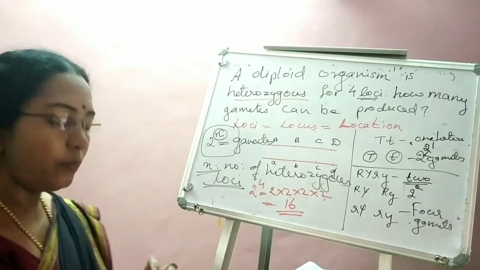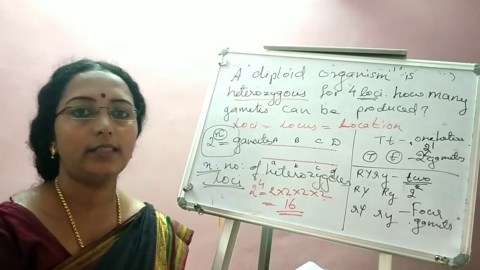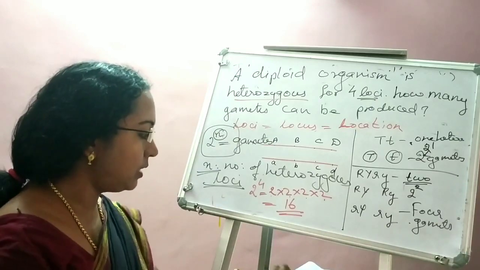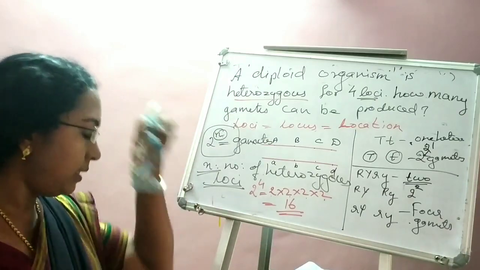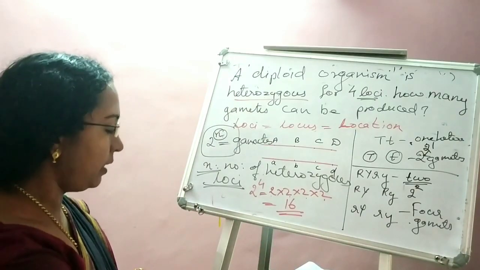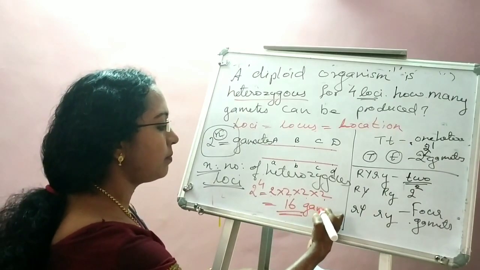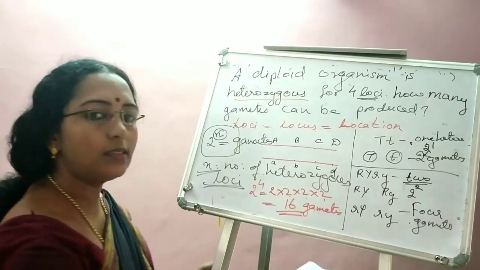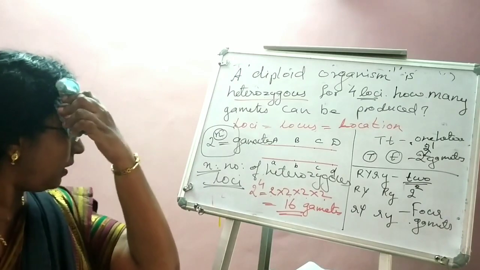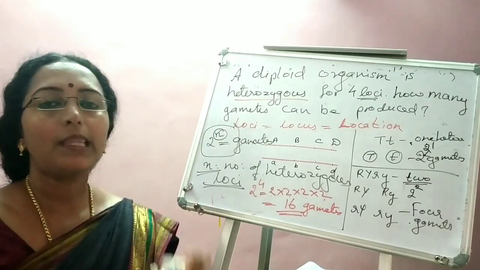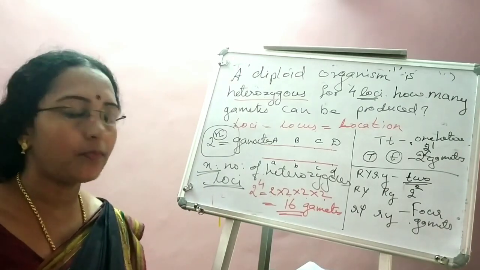This is the case only when the genes are not linked. So I am getting 16 gametes.